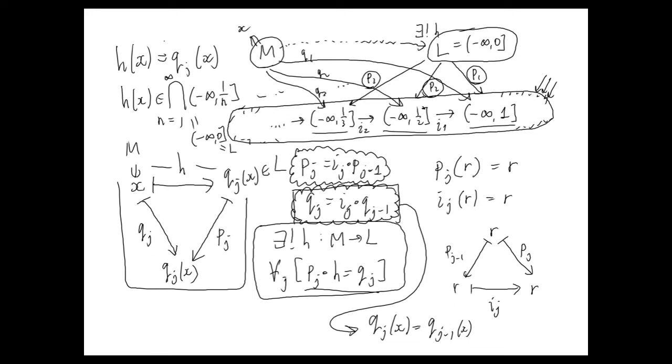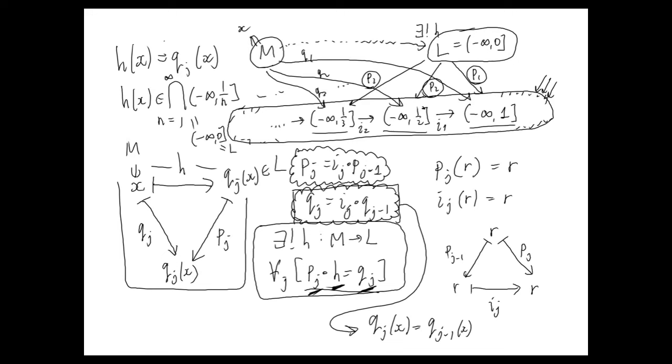So if I apply H and then compose that with P_j, that must be the same as Q_j. So we can think of these geometrically as triangles commuting. So these kinds of triangles, this one, for instance, and then that one, and that triangle, and so on. It goes on the left side, of course.